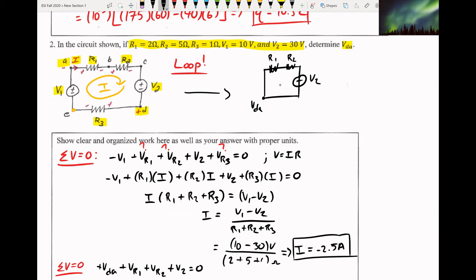Okay, and all we did is we took point A and D and slid them down to encompass that entire bottom part. Just squished it into one point. And all we did was just walk the loop again. Plus, minus, plus, minus, plus, minus. Okay.